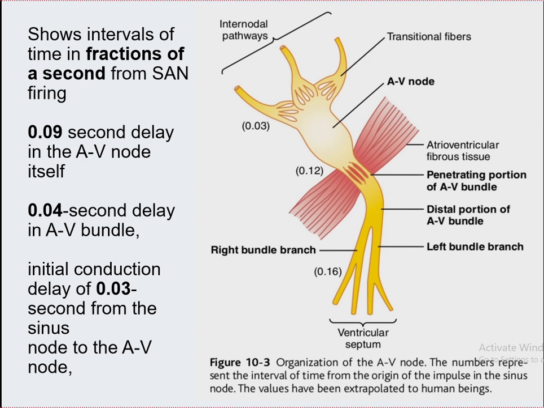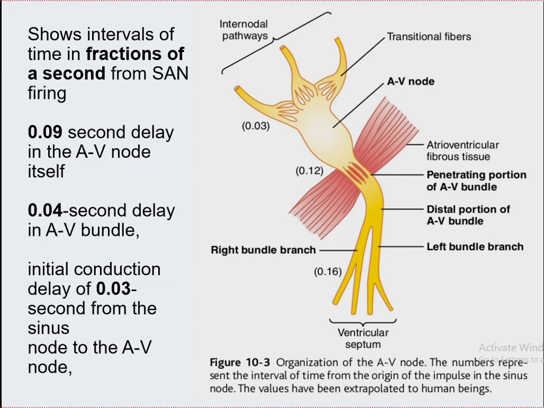I want you to notice something. By the time the impulse reaches the bundle branches, what was 0.03 is 0.16, meaning the impulse has been delayed through this system. The impulse will be delayed in the AV node, and one of the reasons is that the cells in the AV node have few gap junctions, so the depolarization takes a longer time.